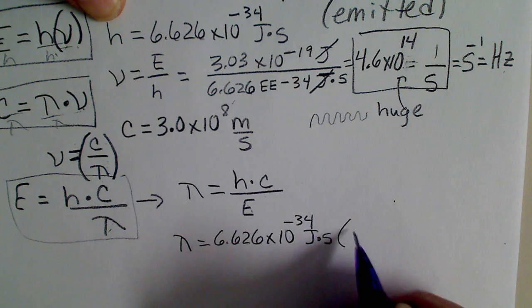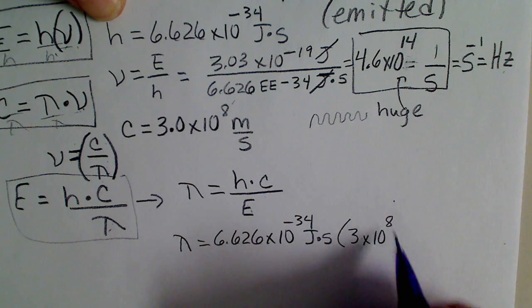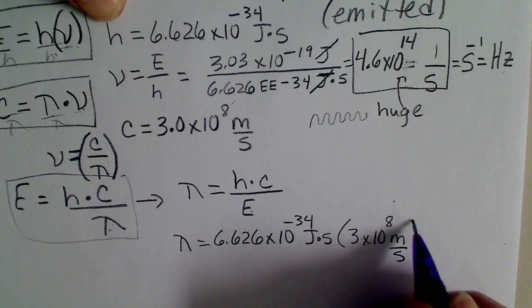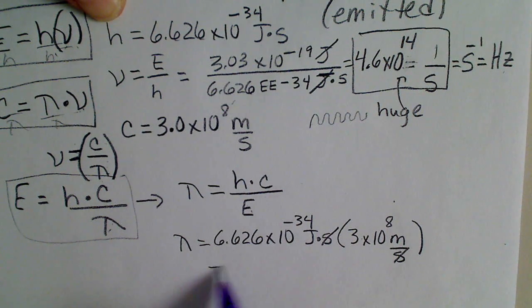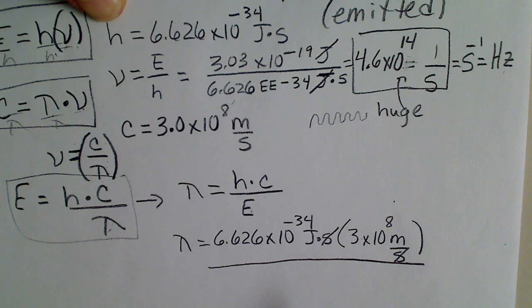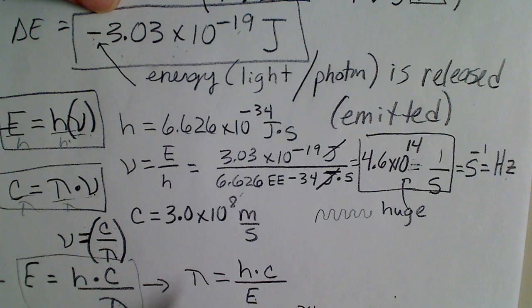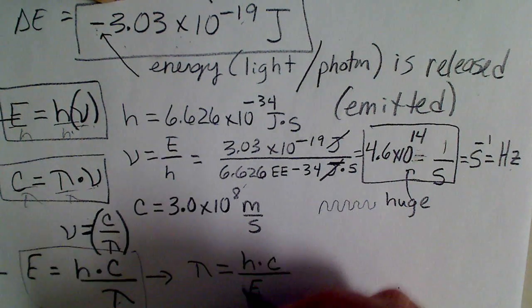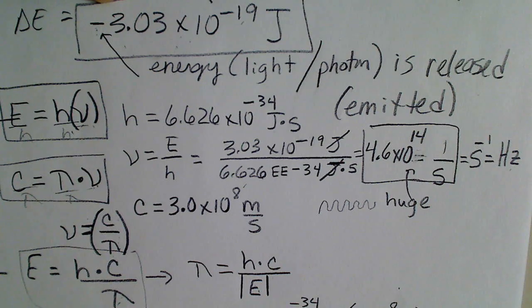And then we'll multiply that by 3 times 10 to the 8th meters per second. And when we do that, the second units are going to cancel. And then we'll divide that by the energy value that we calculated right up here. Again, we're going to use the absolute value of the energy, so I should make that distinction right here. Lengths are never going to be negative.